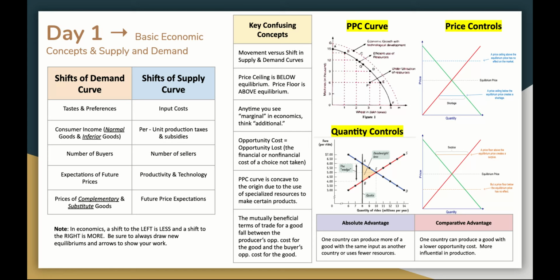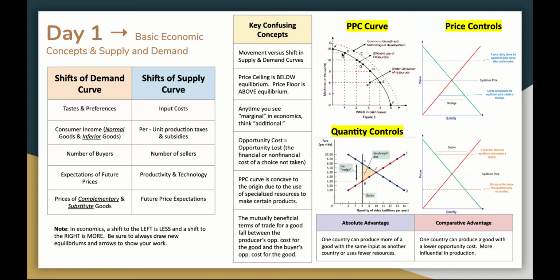So this is kind of like a Reader's Digest version, everything I can put on a screen of everything from Unit 1 and Unit 2. I thought the price controls were a little tricky. That's why I put those there. I put the PPC curve, just reminding you what the shape is, reminding you that inside the PPC curve is an inefficient use of resources, and outside the PPC curve can't occur unless there's some form of economic growth.